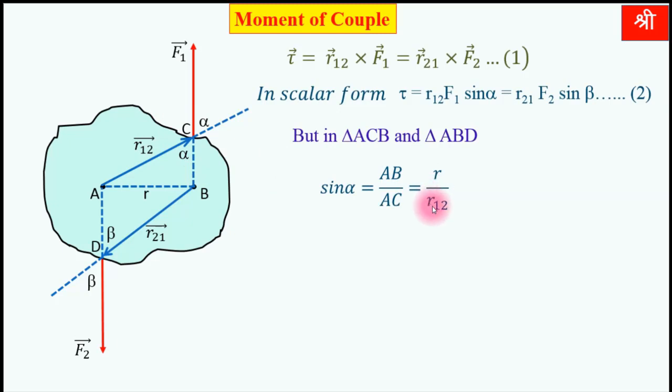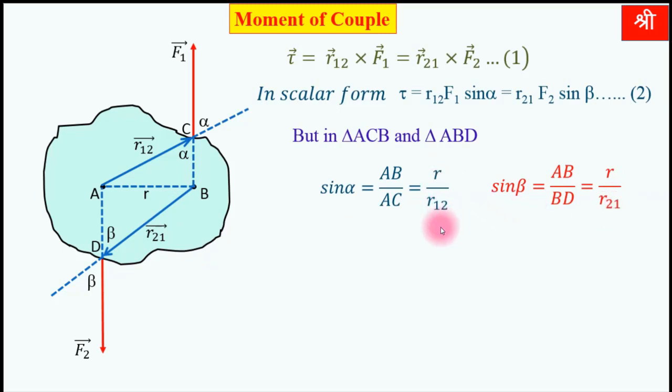As we have taken only magnitudes, we have not drawn an arrow over the head of the letter. Similarly sin beta equal to, see this second triangle, opposite side AB upon hypotenuse BD. But this AB is R, so R here, and BD is R21, so R21 here.